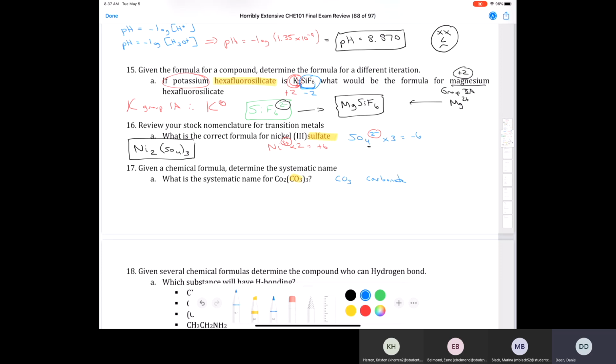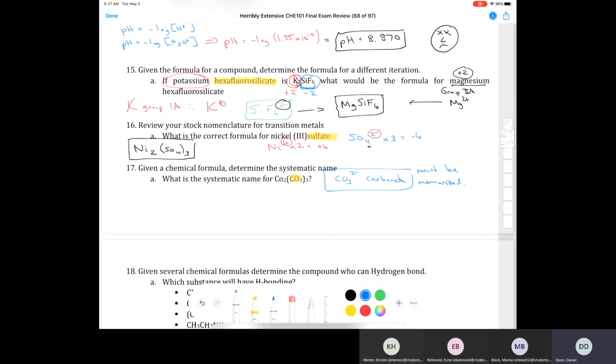What's the charge on a carbonate? Does anybody know what the charge is on a carbonate? Yes, absolutely. It's 2 minus. You have to have this memorized. It must be memorized, same thing for all of the polyatomic ions, the ones that I asked you to memorize for this course.